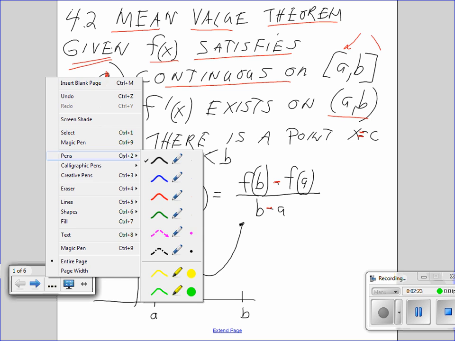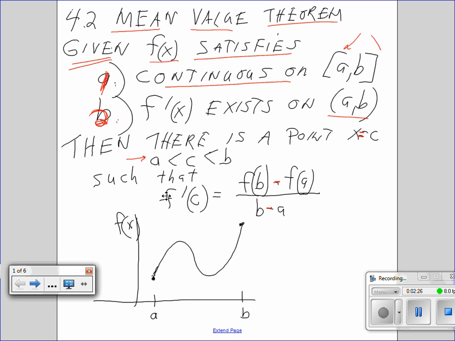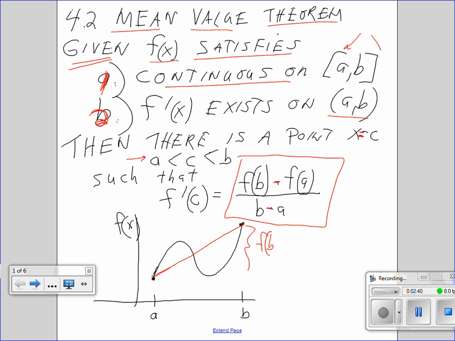Now, let's get another pen out here. Notice what this is. This is just the average slope of the function, right? This is the slope of the secant line. What's the change in y? Well, that's f of b minus f of a. What's the change in x? b minus a.